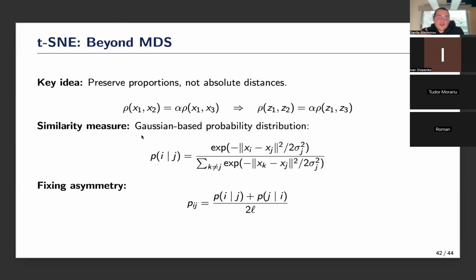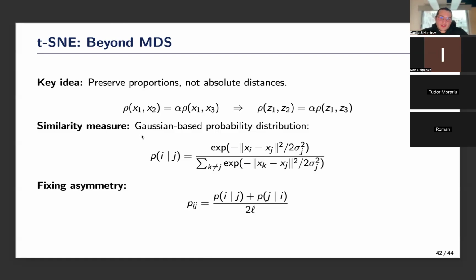To begin with, note that exact preservation of distances is not necessary after projection. It's sufficient to preserve proportion. For example, if rho(x1, x2) equals alpha times rho(x1, x3), that means rho(z1, z2), where z is the representation of x, equals alpha times rho(z1, z3).